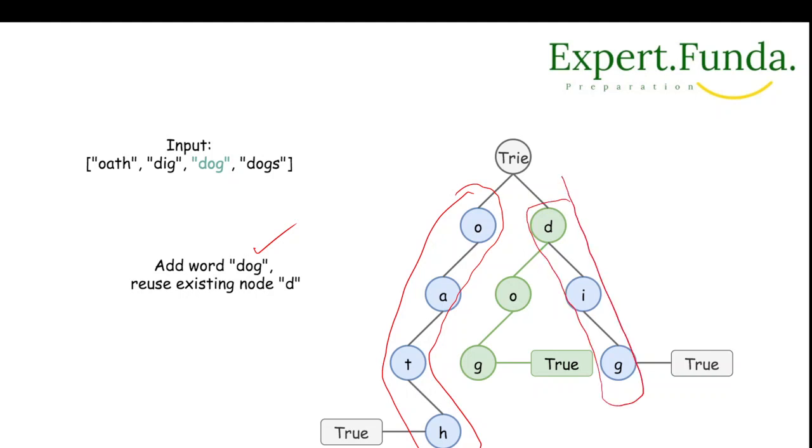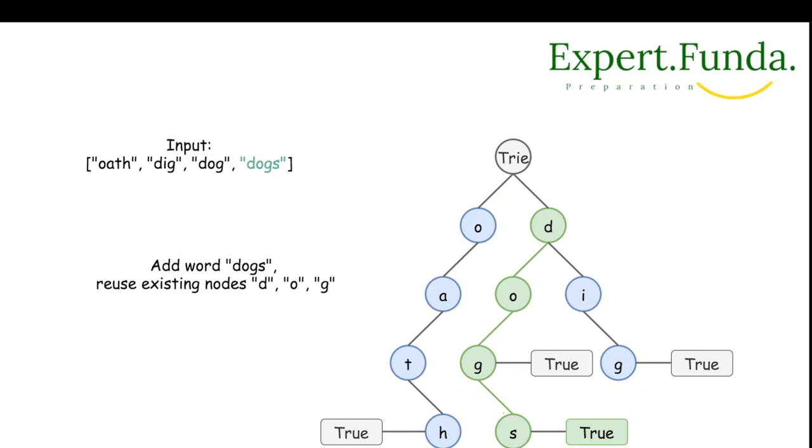We want to add dog now. D is already added, and O and G we have added. This complete dog is required when we are going to add dogs, where we only have to add one more S. So when we are adding dog, we reuse the existing nodes. These D, O, G are the existing nodes, and we are going to use them.